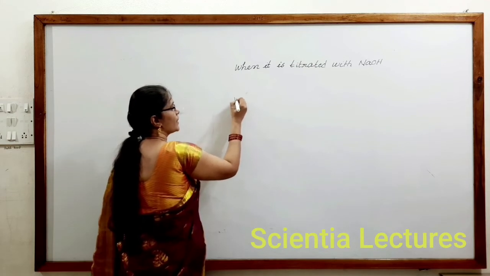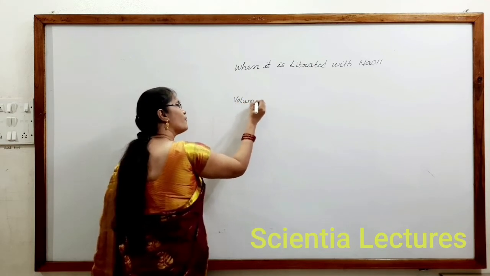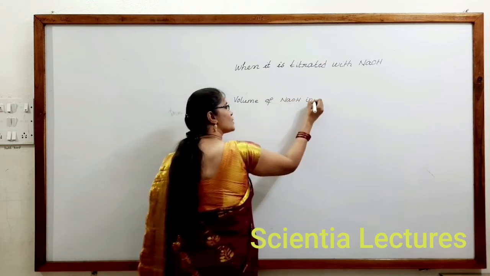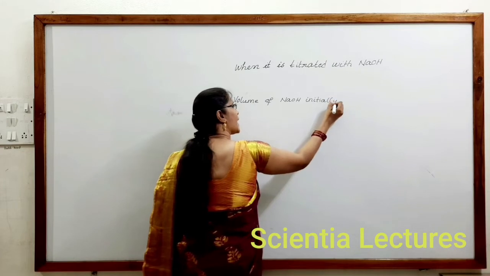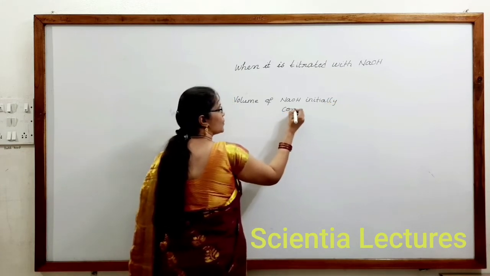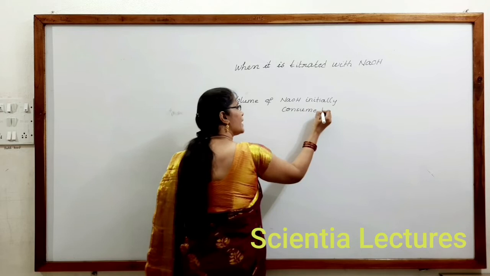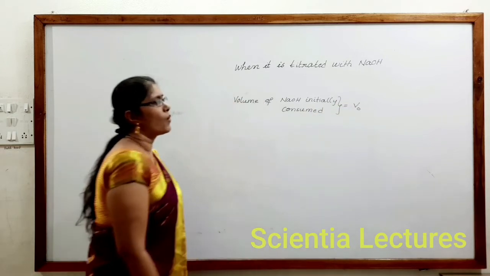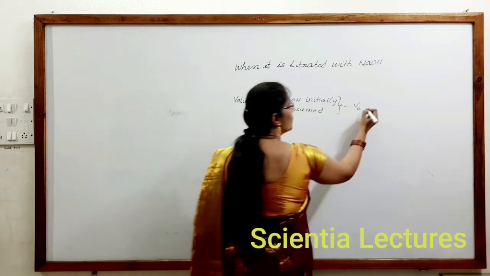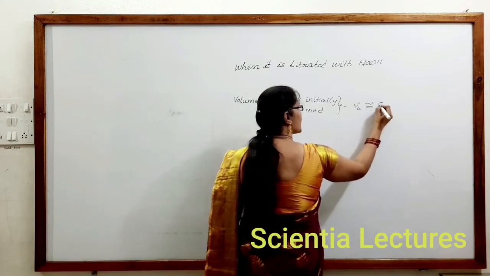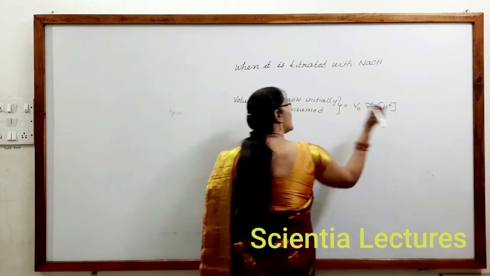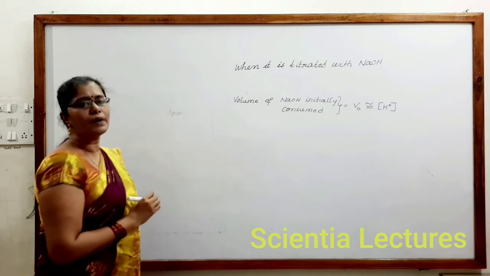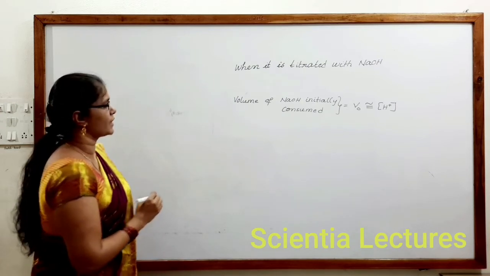The information given here is the volume of NaOH initially consumed by reacting with an acid, which is equal to V0. Suppose this was given. Now V0 is equivalent to the concentration of H plus, because initially the only acid present is H plus. So V0 is equivalent to the concentration of H plus.